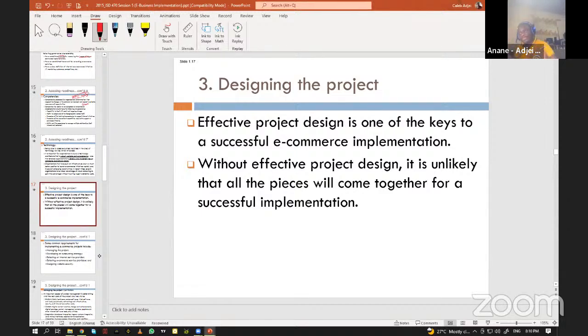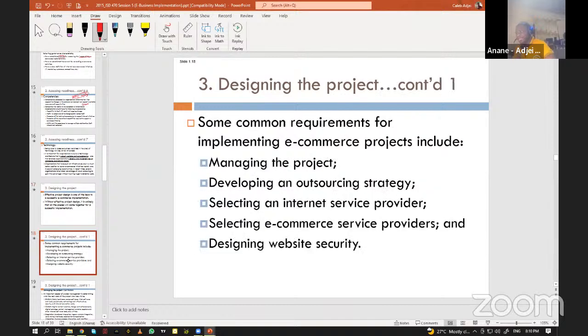So it's the same thing with the e-business project. If you want to implement it, the effective way to do it is that we need to make sure that there should be a designing plan. Effective project design must be implemented so that all the pieces will come together for a successful implementation. So some of the requirements for implementing an e-commerce project include, number one, we need to manage the project itself.